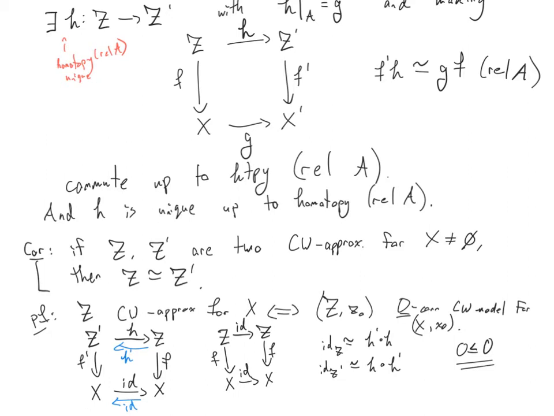So let's prove it. Okay, so first we take the models we have from this proof. So we have X mapping via g to X prime, and we have a map from Z, f to X, and Z prime, f prime to X prime, like this.